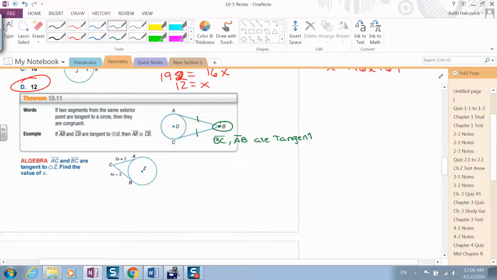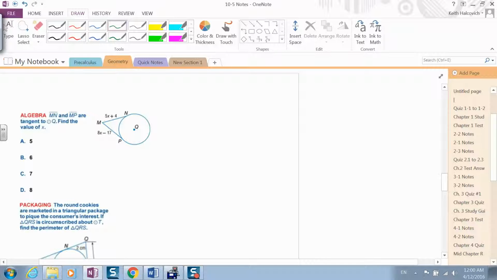So for example here, notice AC and BC share the same point C, so therefore these two are the same. So that means 3x plus 2 is equal to 4x minus 3. Subtract 3x from both sides, add 3, so you get 5 is equal to x.